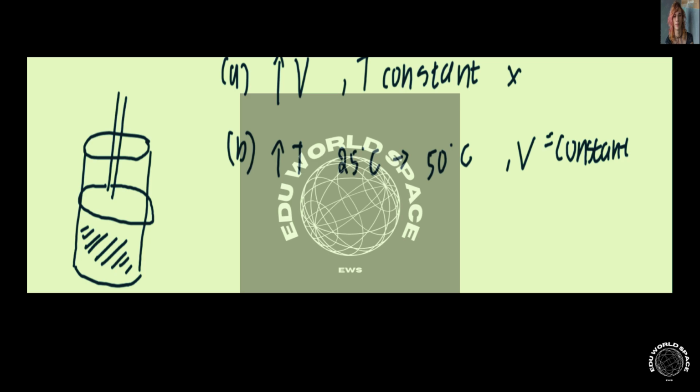But are we actually doubling our pressure? So we know that PV equals nRT. Our volume is constant, and the only things changing are our pressure and our temperature. So let's solve for P. P is equal to nRT over V. We know nR over V is a constant, so P is directly proportional to T, right?